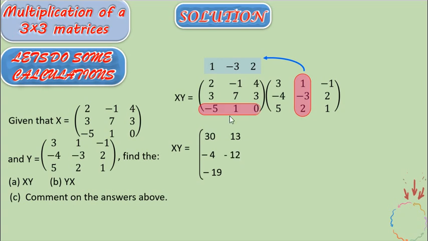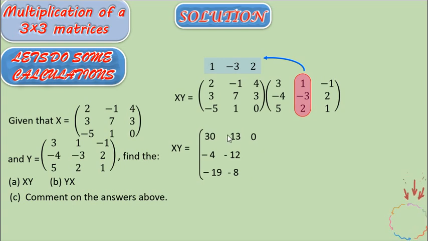Then we move to row 3, multiplying column 2. That means minus 5 times 1 is minus 5, plus 1 times minus 3, minus 3, 0 times 2. If you do that very well, from what I've already explained, you know that the answer will be minus 8. Now we move to the last column.